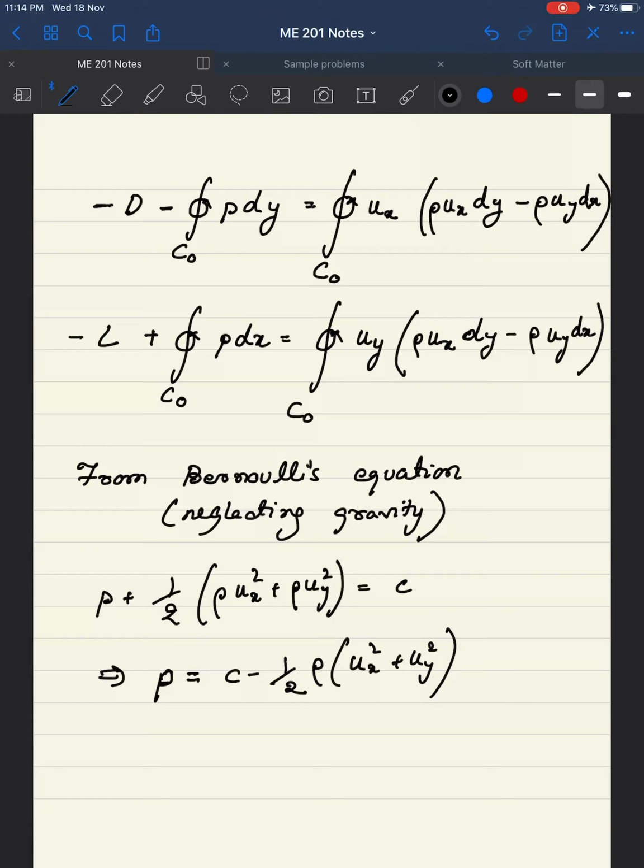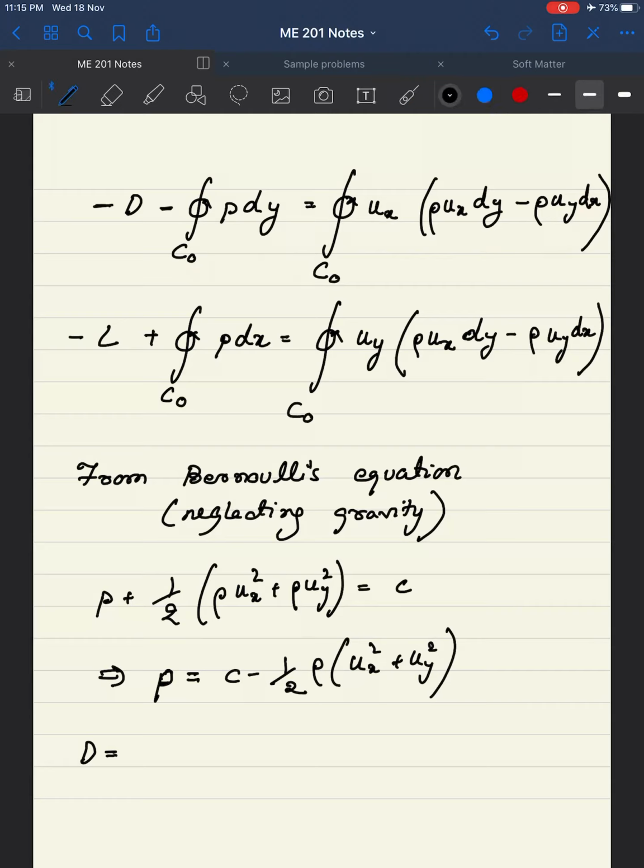So now you introduce this value of pressure for D, so replace this pressure right here into this and then obtain an expression for D.